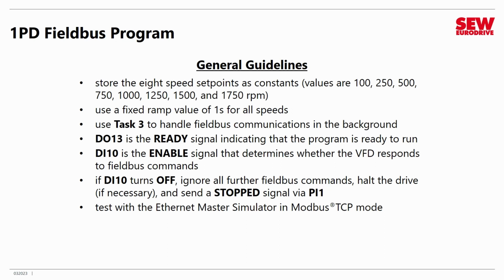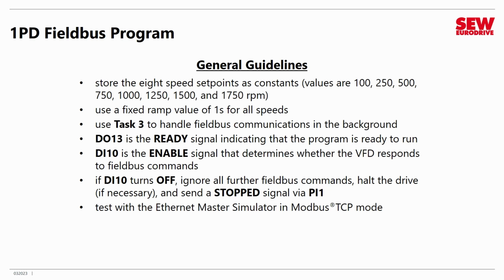DI10 is an enable signal. Now this is going to determine whether the VFD listens to the Fieldbus or not. If it is on, then the VFD should listen to the Fieldbus and follow whatever commands come down it. If DI10 goes off, it should ignore all Fieldbus commands. So this is an enable-disable signal.